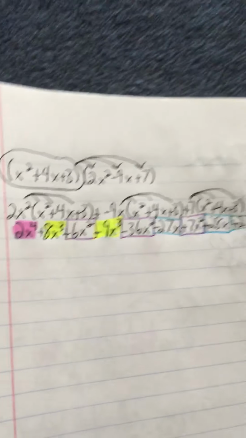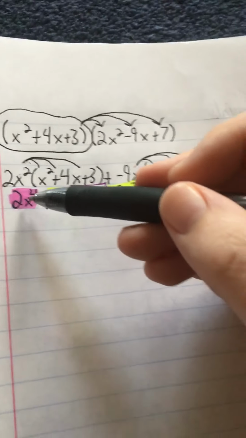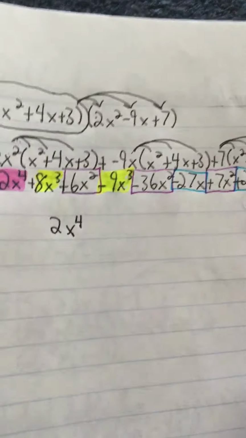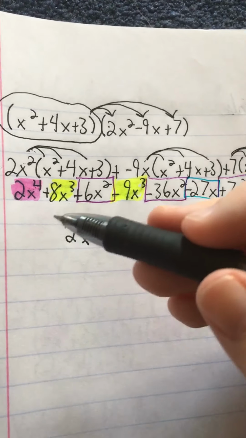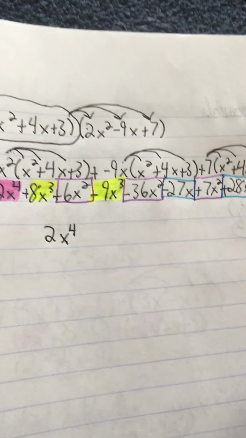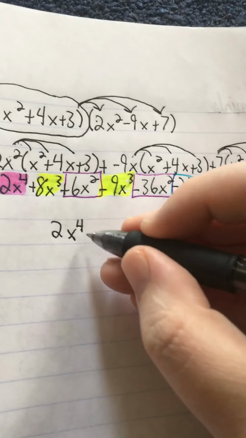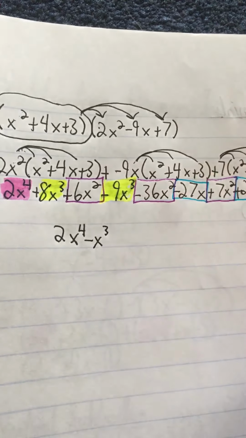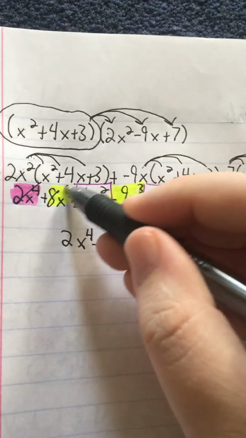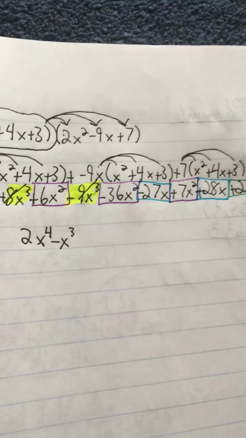So now we're going to combine all of these terms. Like I said before, we only have one x to the 4th term, so we're just going to take that. And then we have our yellow terms, which is 8x cubed minus 9x cubed, which gives us minus 1x cubed. I'm going to cross these out so that way I know that I've used them.